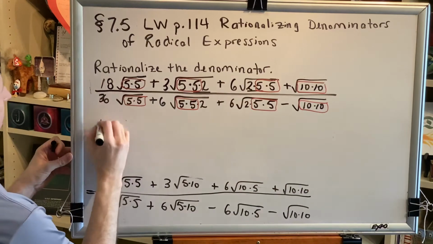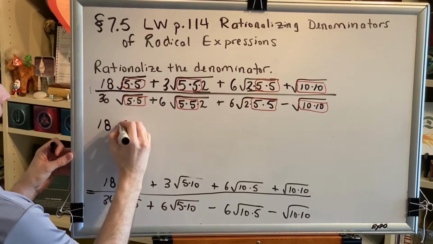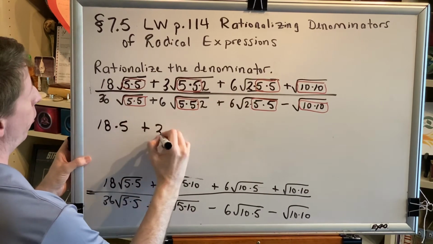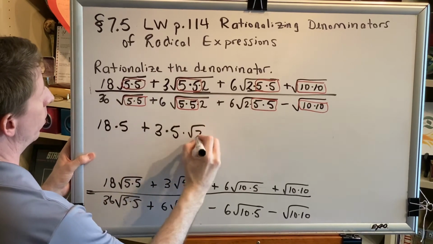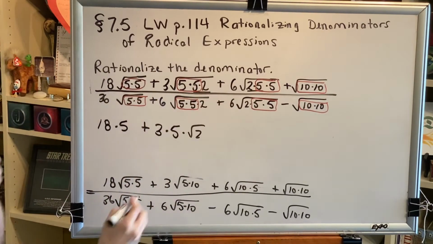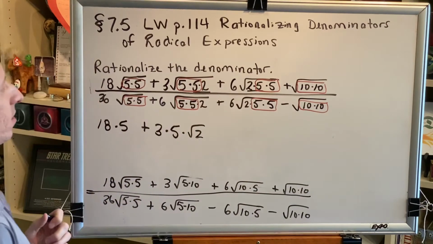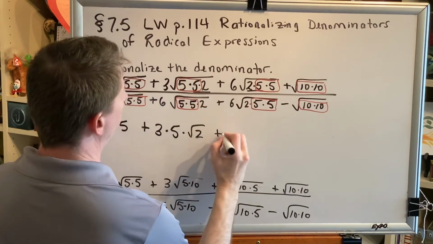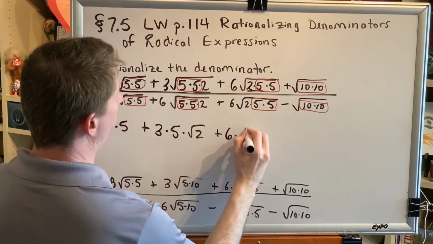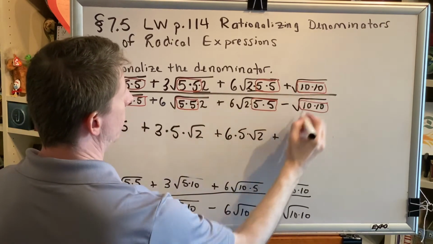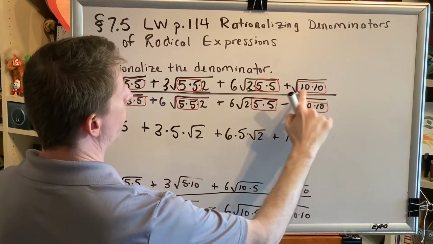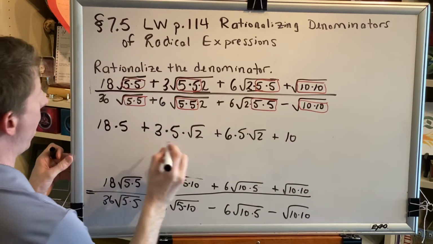So this is going to be an 18 times a 5 plus 3 times a 5 times the square root of 2. This 2 doesn't have a matching factor, so it has to stay under the radical. Plus a 6 times a 5 times the square root of 2. Plus 10. Notice that we have perfect pairs here, so no longer a radical symbol.